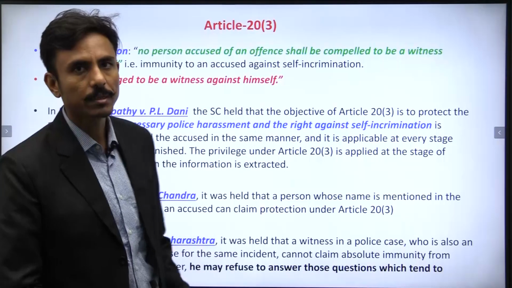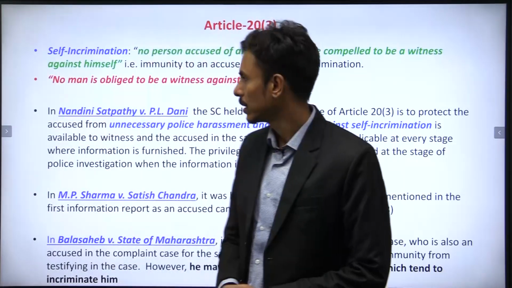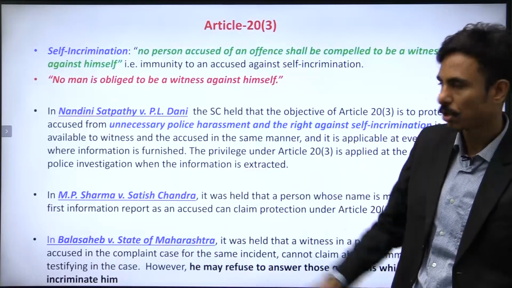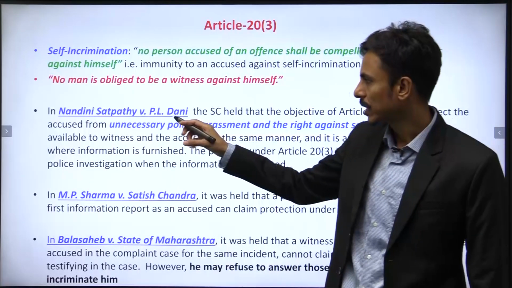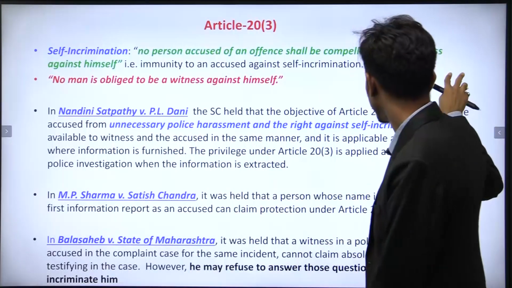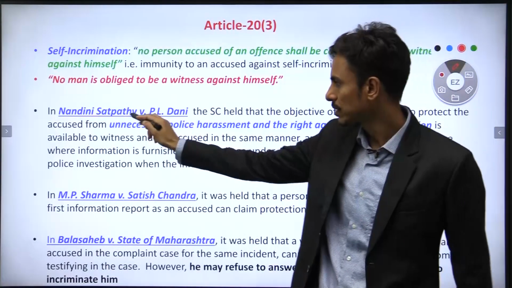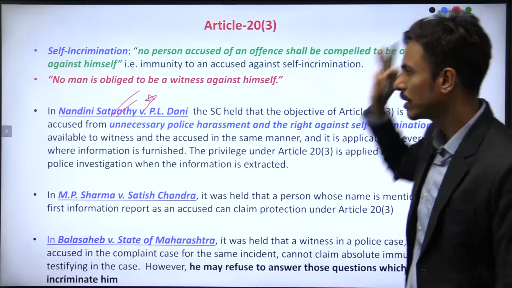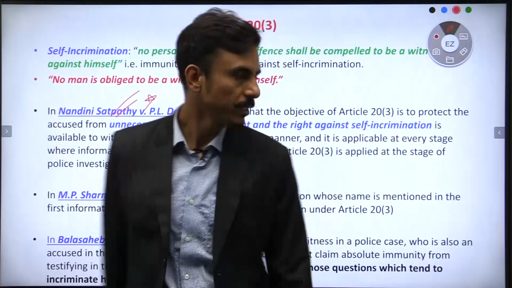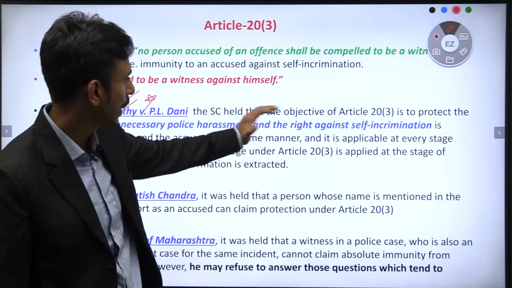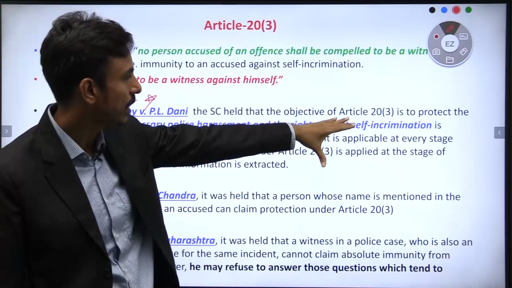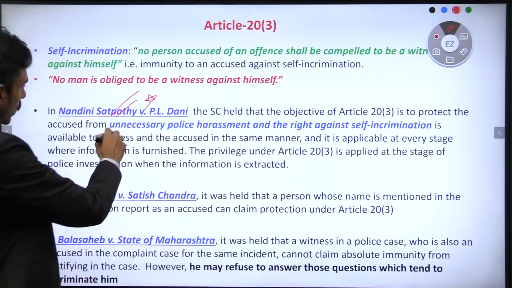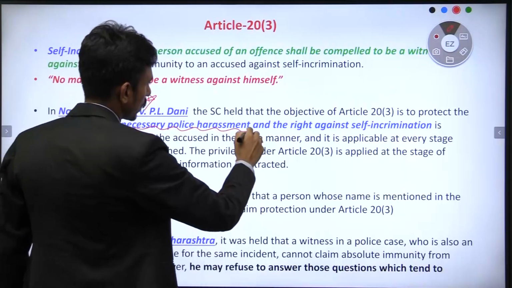Guys, there have been many Supreme Court cases which have elaborated Article 20 Clause 3. The first is Nandini Satpathy versus P.L. Dani. In Nandini Satpathy versus P.L. Dani, the court held that the objective of Article 20 Clause 3 is to protect the accused from unnecessary police harassment, right?